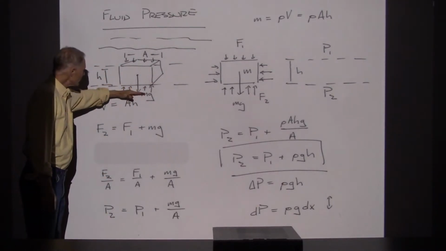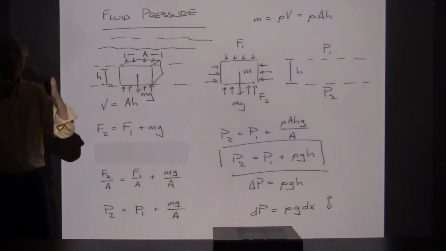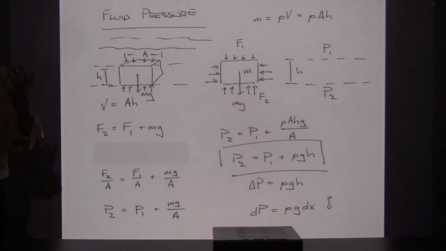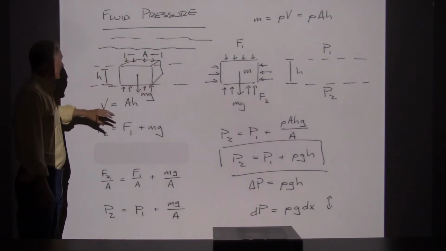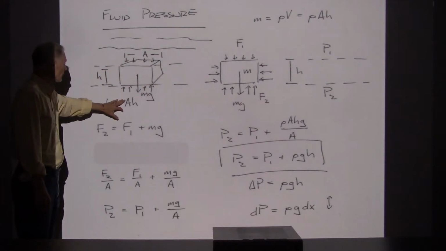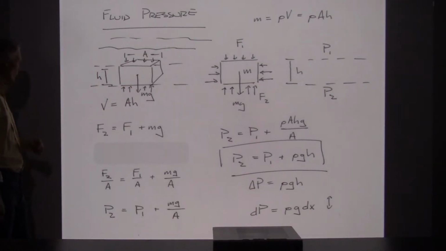So there's a cross-sectional area that's horizontally placed. There is a vertical height or depth. I guess we're using H to represent both. So the volume we're looking at of that fluid is the cross-sectional area times the height. And it's a rectangular box of some sort that we've outlined.